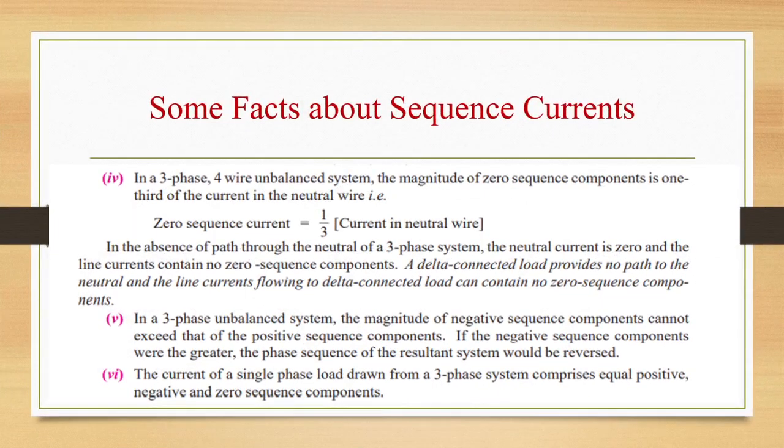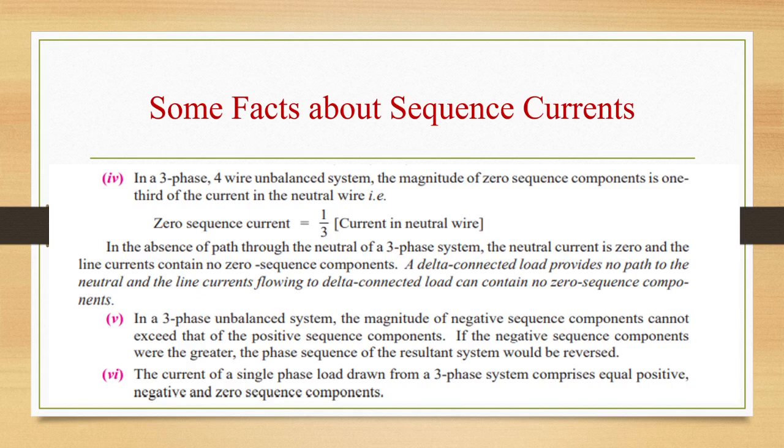Fourth one is, in a three-phase four-wire unbalanced system, magnitude of zero sequence components is 1/3 of the current in the neutral wire. That is, zero sequence current is 1/3 of current in neutral wire. In the absence of a path through the neutral of a three-phase system, neutral current is zero and the line currents contain no zero sequence components. A delta connected load provides no path to the neutral and the line currents flowing to a delta connected load can contain no zero sequence components.